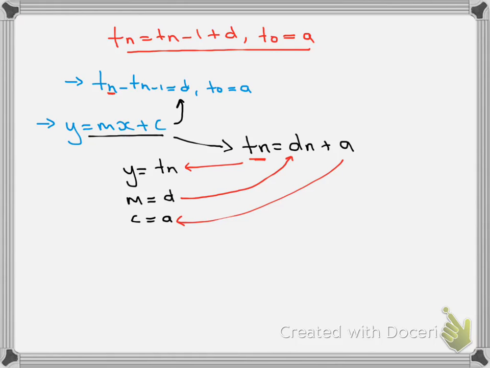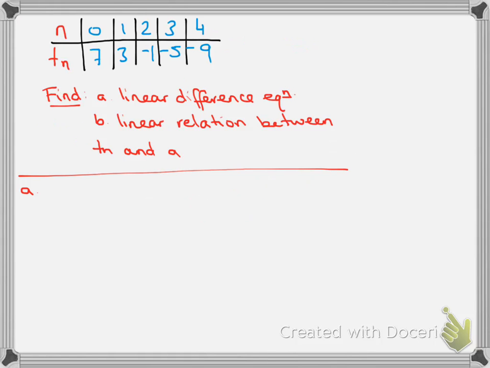Okay, and we'll have a look at a quick example and one more type of question that you'll be getting in this chapter. Okay, so the last thing that we'll look at today for this type of work is how to actually find a linear difference equation from some information that we're given, and how to find a linear relation between two different points.